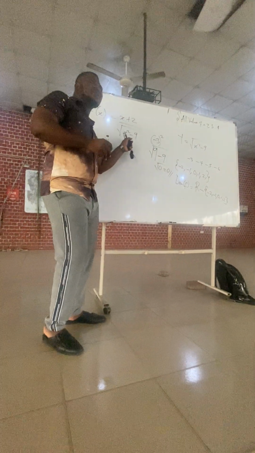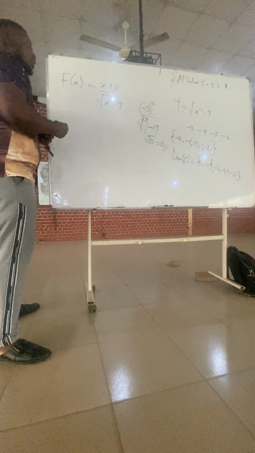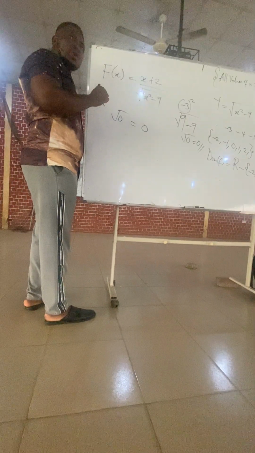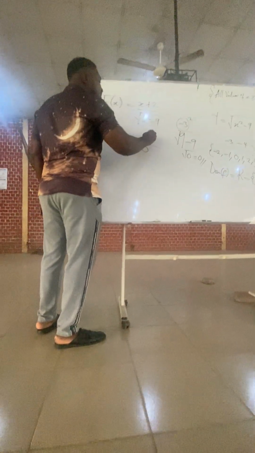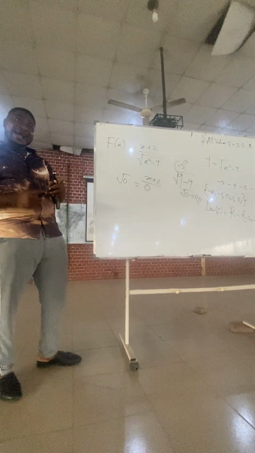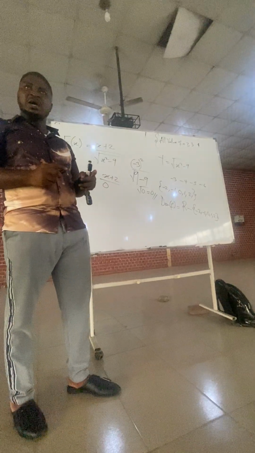And apart from that, you must not have 0, because square root of 0 is 0, and anybody on top divided by 0 is a math error. So we are guarding against two things.